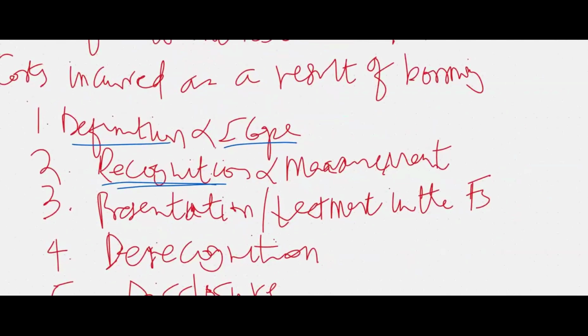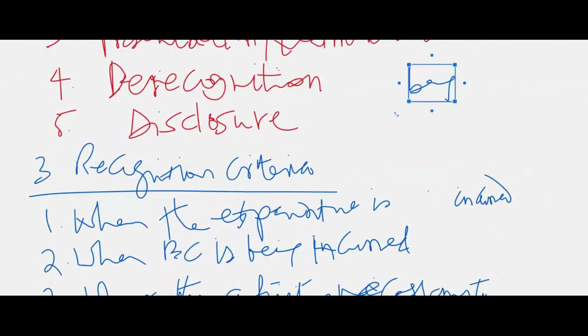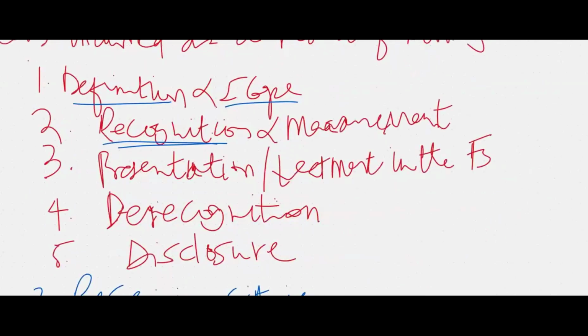The measurement talks about how you value borrowing costs. Whenever I'm teaching any standard, these are the 5 steps I follow: definition and scope, recognition, measurement. Then we go to how you present it in the financial statement. Then derecognition. Then disclosure.